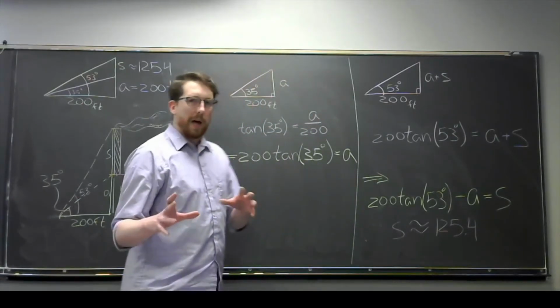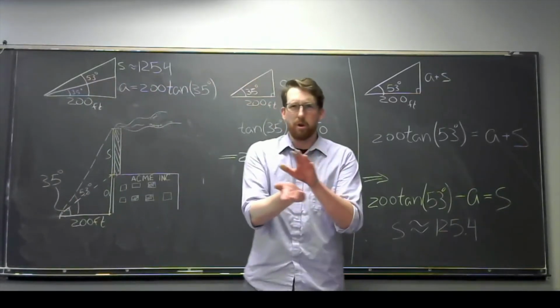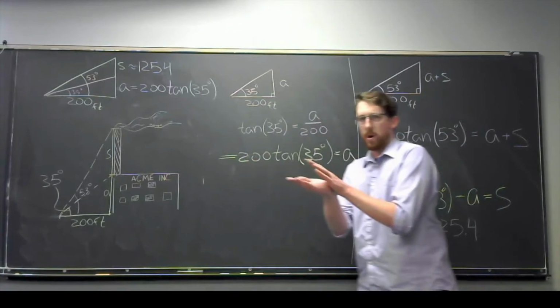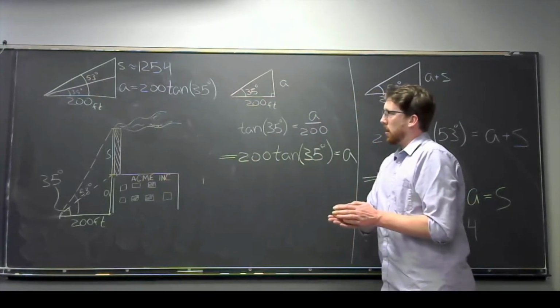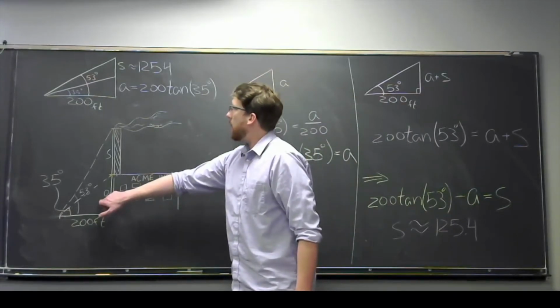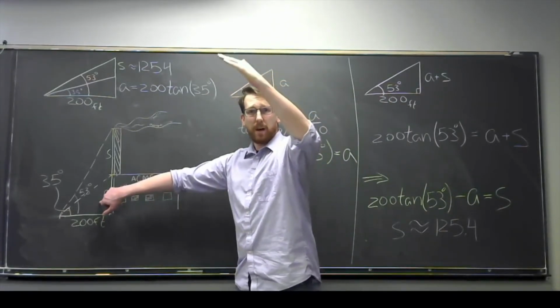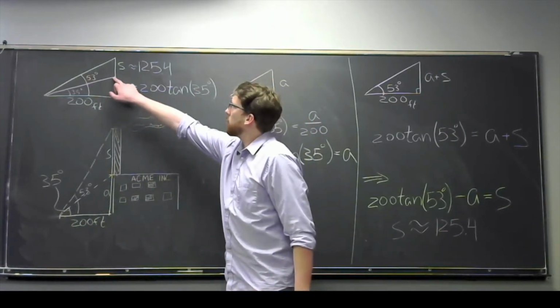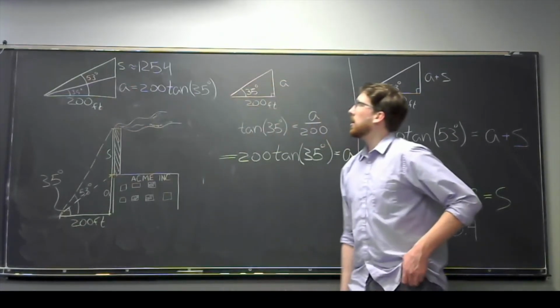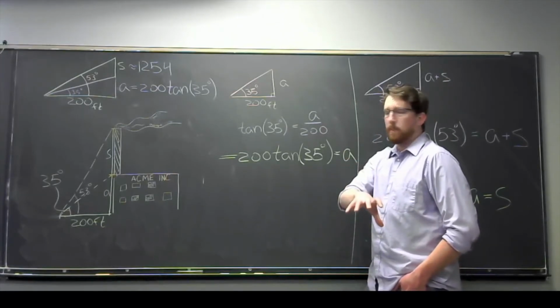But to review how this problem worked out, we've got these two triangles embedded in one another. We know how to calculate A because we know the angle to the top of A, right? That was 35 degrees. We don't know how to calculate S, but that's what we want.